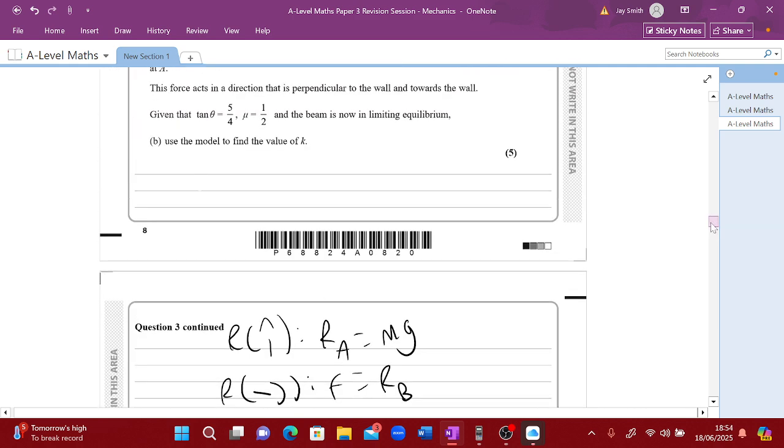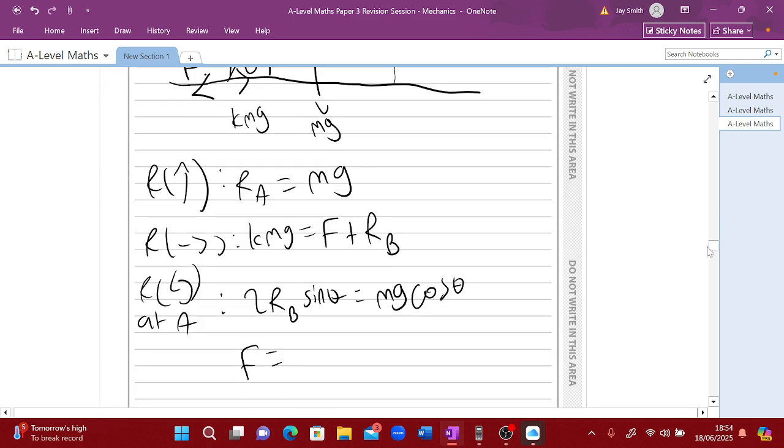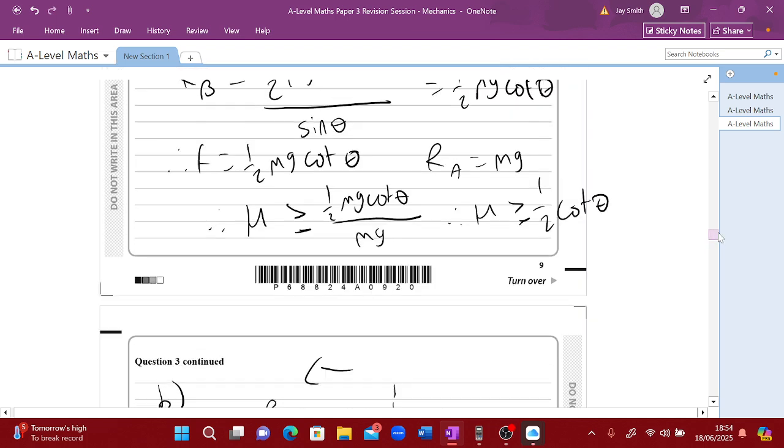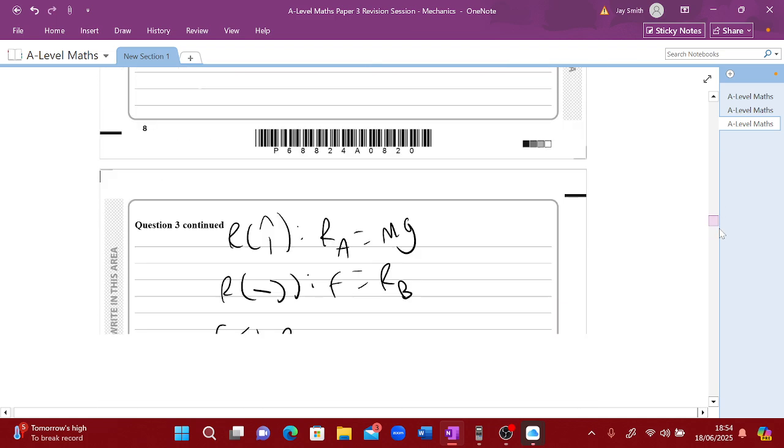So mu is a half, so F is going to equal a half of R, and it's going to be at A, so it's going to be the reaction at A. And there we are. So it's basically the same sort of thing. We just added an extra force here, but let's work with that. So to find k, but we're also given that tan theta is 5/4.